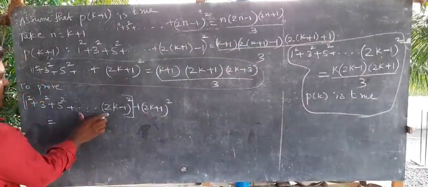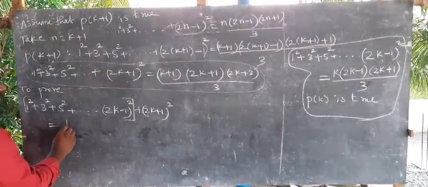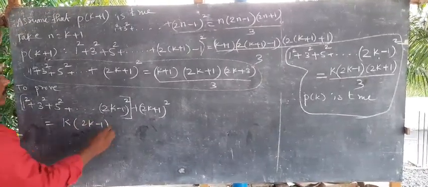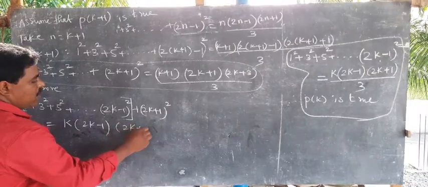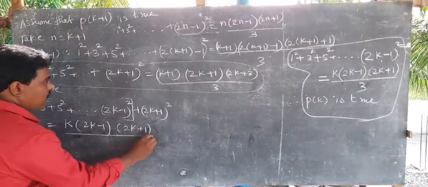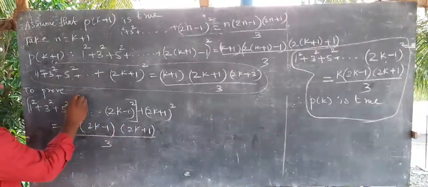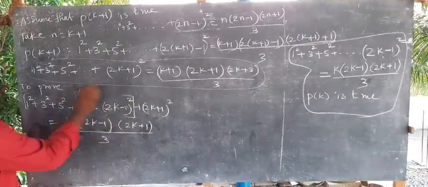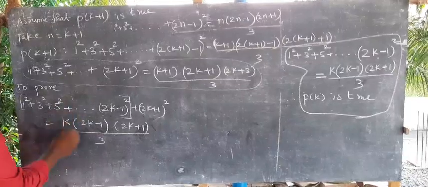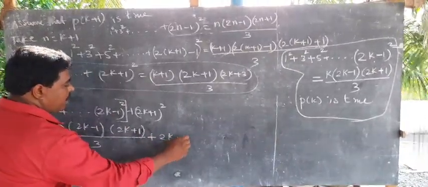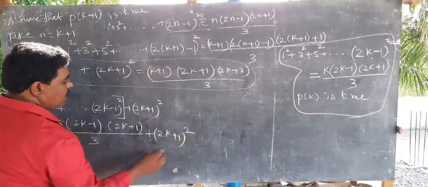So for this bracket, the answer is k into (2k minus 1) into (2k plus 1) by 3, for this bracket, up to this P of k. So this is P of k. The remaining term is what? Plus (2k plus 1) whole square.